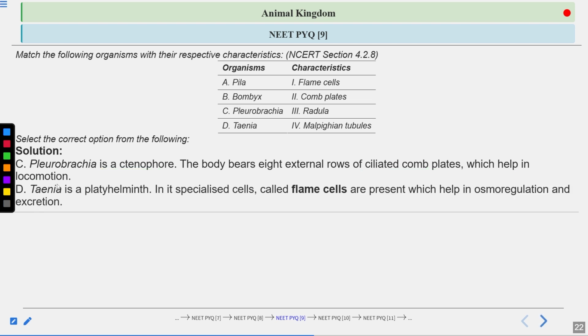And Taenia solium is an example of platyhelminths. It is having specialized cells called flame cells, present in platyhelminthes, which help in the process of osmoregulation and excretion.